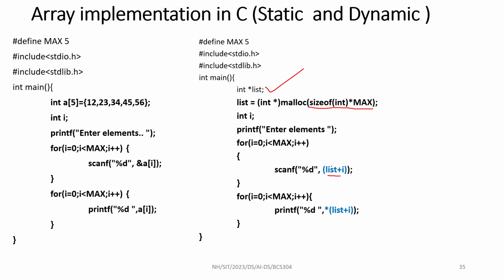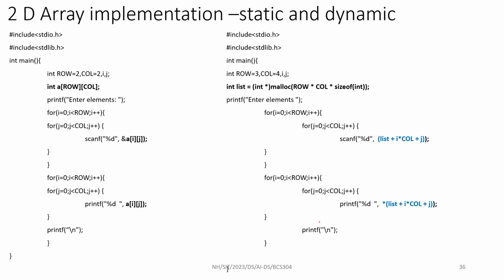Here, that size is automatically multiplied during the execution. The user need not worry. Then how to access the data from that memory location? As the list is a pointer, use star to access the data. So star of list plus I.